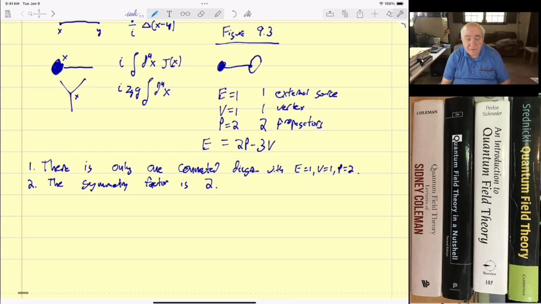And when you work with realistic theories, as I think one textbook says, it might be Ramond, but I can't remember exactly, for the most part you're never going to see a symmetry factor higher than 2. Basically, you'll have a second order diagram and maybe the symmetry factor will be 2.